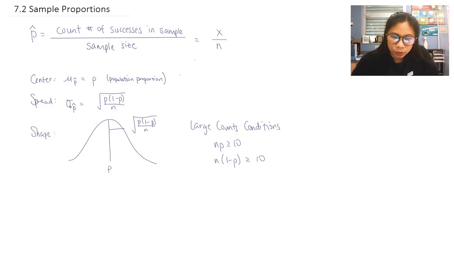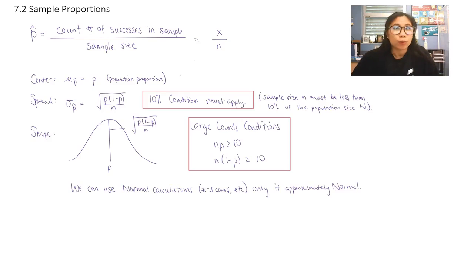One other thing: we mentioned the 10% condition before. The 10% condition applies to our standard deviation formula. If the 10% condition isn't met, we're technically not allowed to use the standard deviation formula to find the spread. So before we do any problem where we need to calculate probabilities, we have to check for these two things.